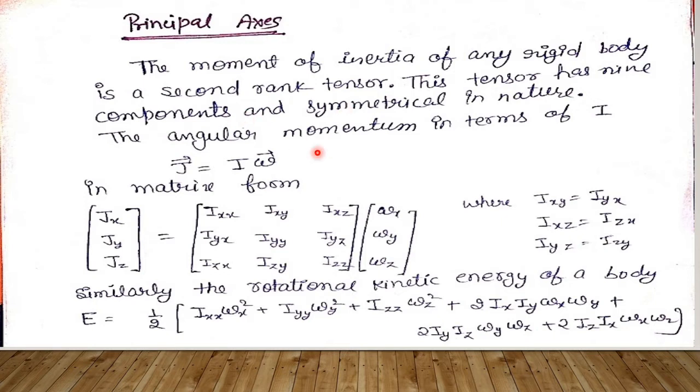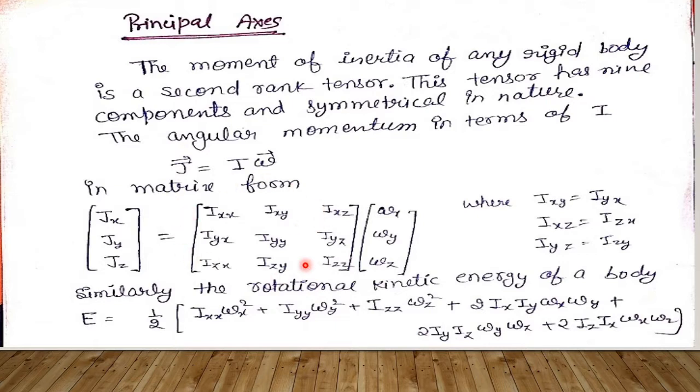The angular momentum we will write as J equals I omega, where J is angular momentum and I is moment of inertia. In matrix form, we write the components Jx, Jy, Jz, and the components of omega, omega x, omega y, and omega z, and the components of I, which we have studied as inertial coefficients.